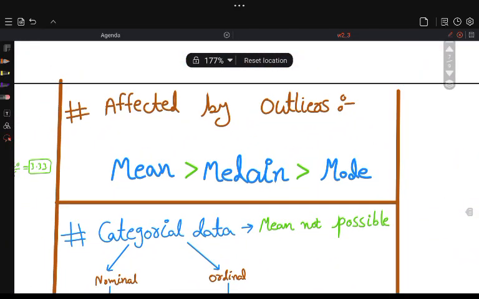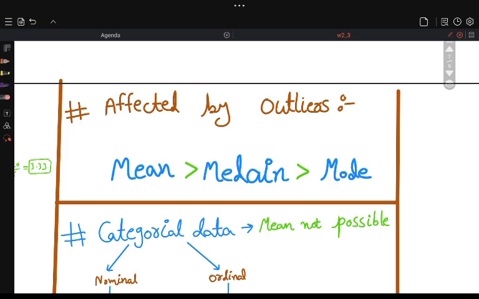Affected by outliers. So these are the central tendencies, but if in a data set we add an outlier, for example, in our previous example, the test was conducted with scores from 0 to 100, and the maximum were between 40 to 60.